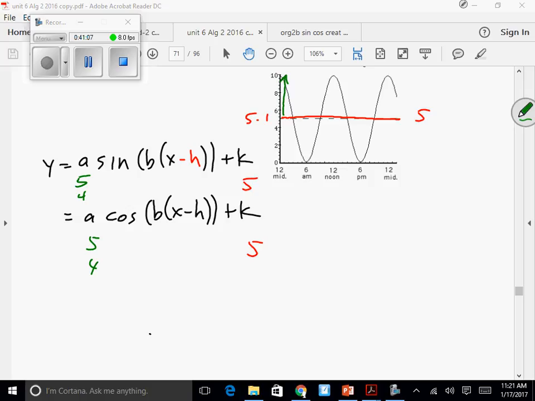But when a mathematician looks at this, they go, who's up there? This is going to be a cosine because it starts up like that. If you did the sine version, where does it start if it's sine? It went down first, so there's going to be a negative sign on the A, which is a terrible thing because it flips it. But I would take it without the negative sign.